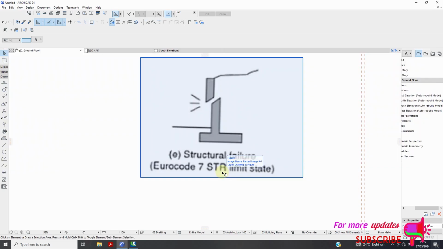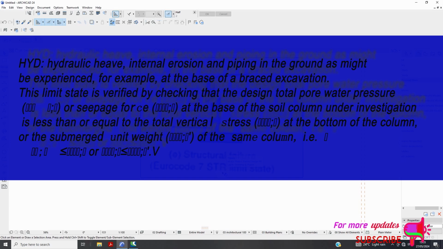The other type of limit state is hydraulic, that is HYD, hydraulic heave. So the hydraulic limit state is the hydraulic heave, internal erosion, and piping in the ground, as might be experienced, for example, at the base of an excavation.